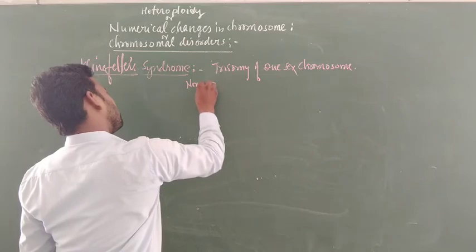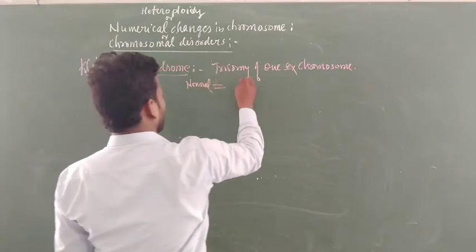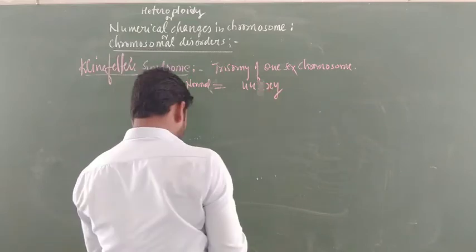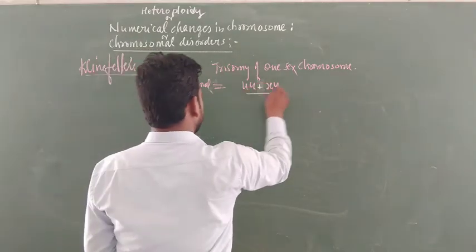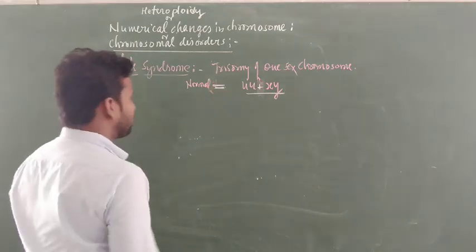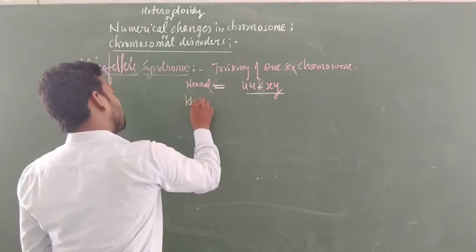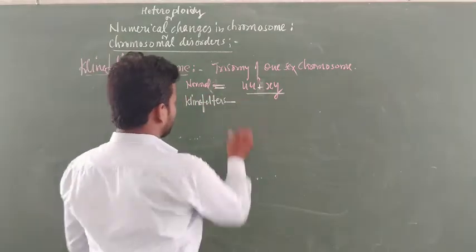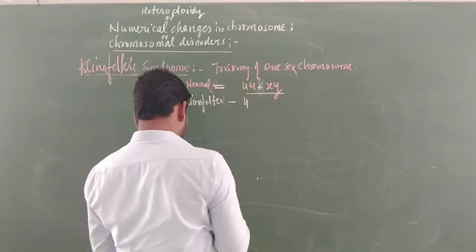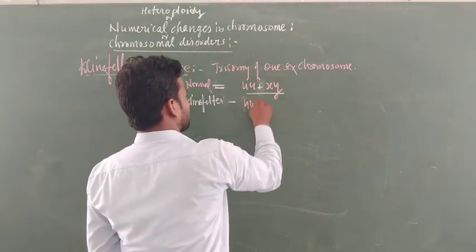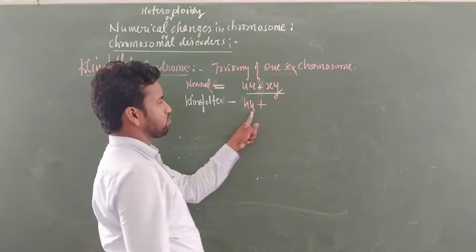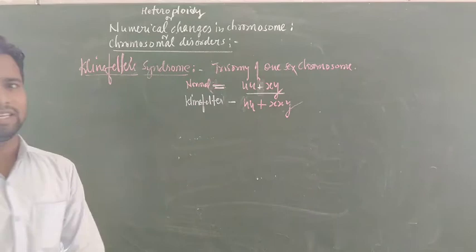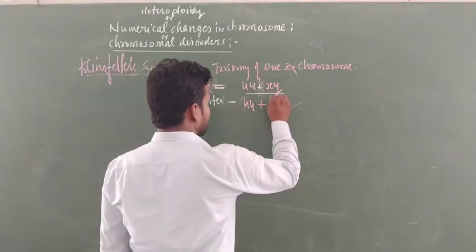Normal persons have 44 plus XY in case of male, but in Klinefelter syndrome this normal situation occurs inside the autosome, while in the sex chromosome one additional X chromosome gets added. What happens?